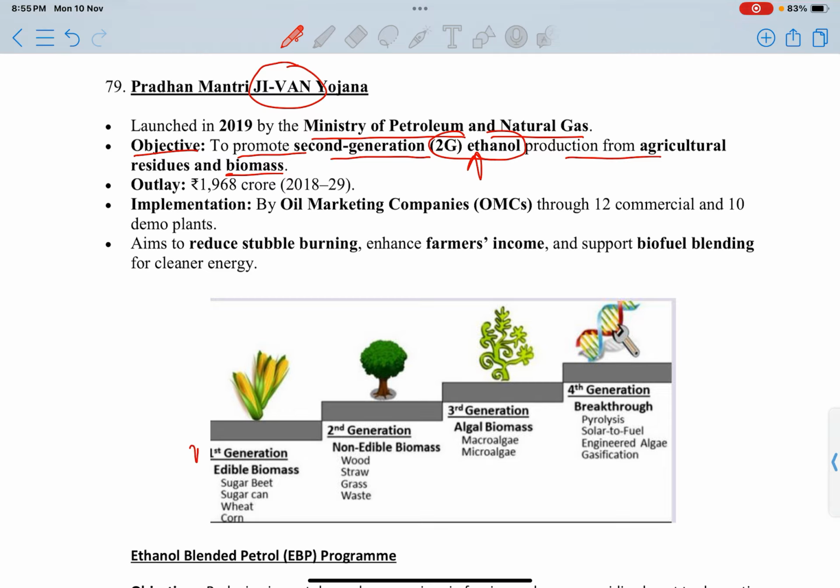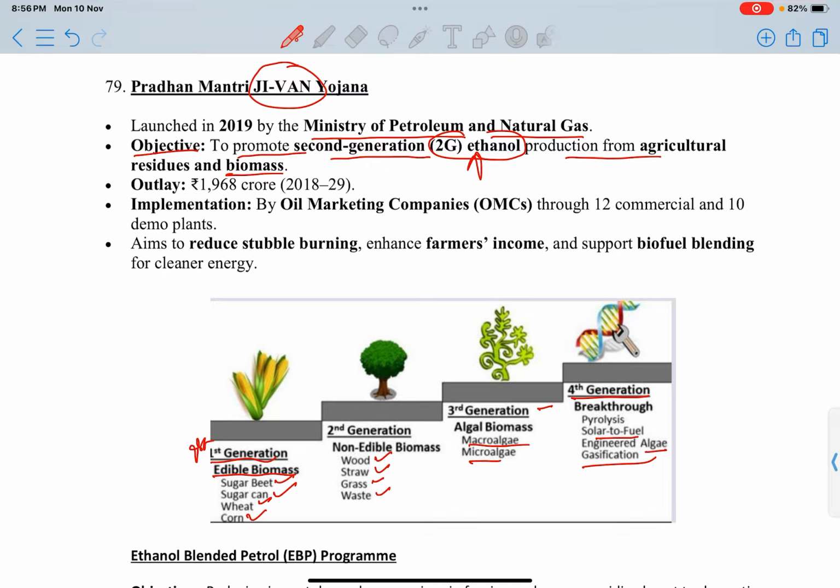See, there is first generation ethanol, it is edible biomass: sugar beet, sugar cane, wheat, corn. Second generation is wood, straw, grass, waste. Third generation is microalgae, then macroalgae, etc. Fourth generation is pyrolysis, solar to fuel, engineered algae, and gasification.